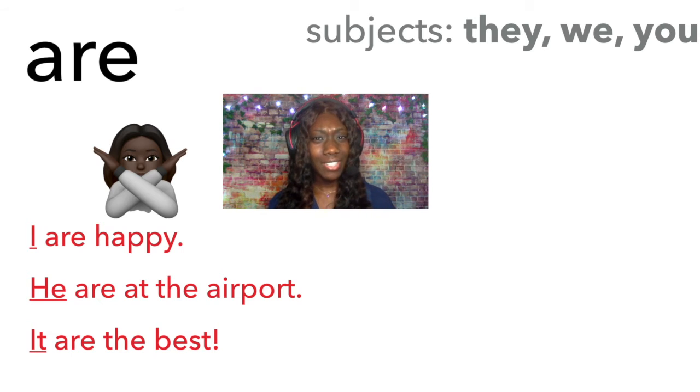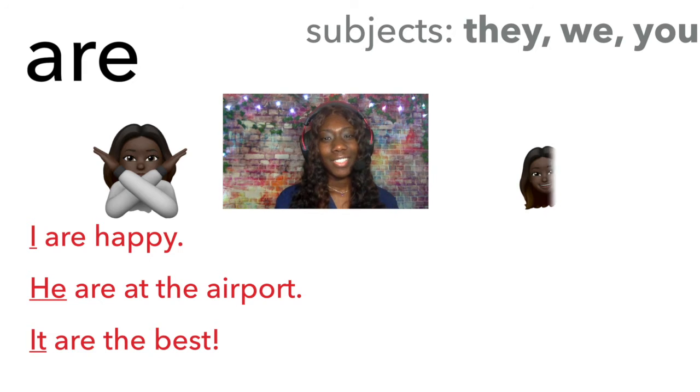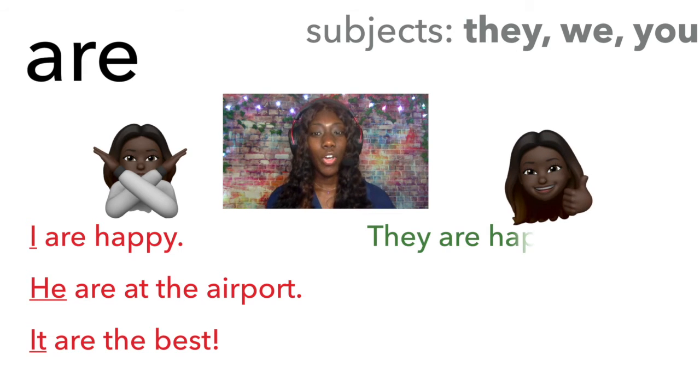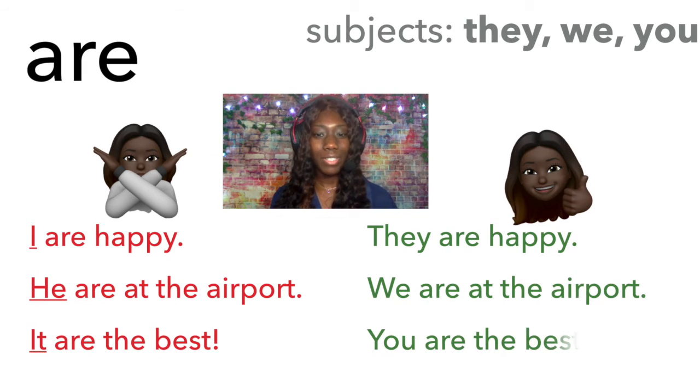He are at the airport. It are the best. They are happy. We are at the airport. You are the best. With subjects they, we, and you, you must use the conjugation are.